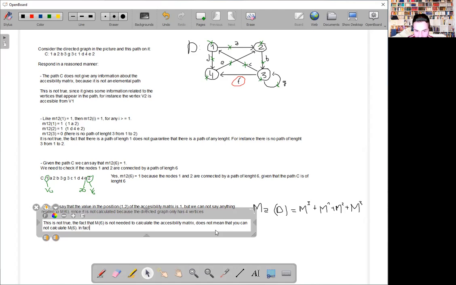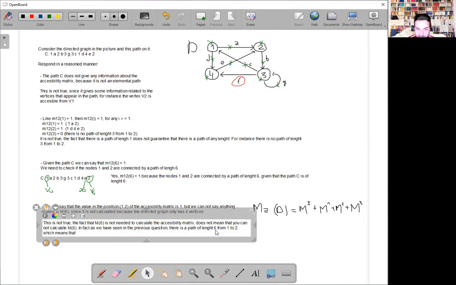In fact, as we have seen in the previous question, there is a path of length 6 from 1 to 2, which means that the position 1, 2 on the accessibility matrix of order 6 is equal to 1.